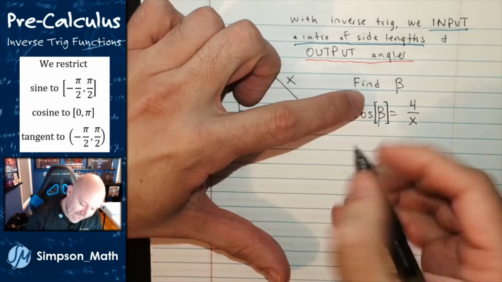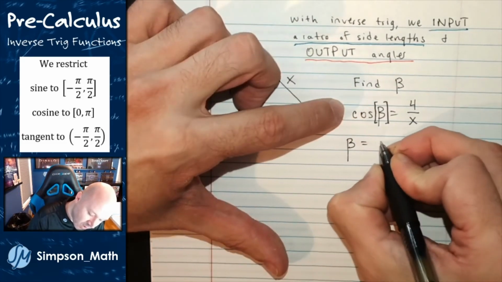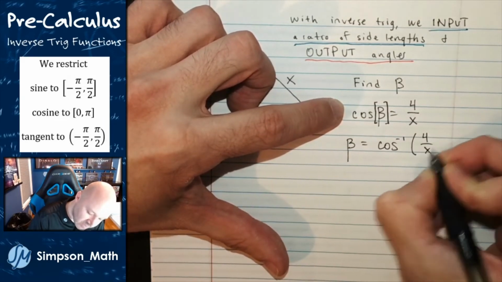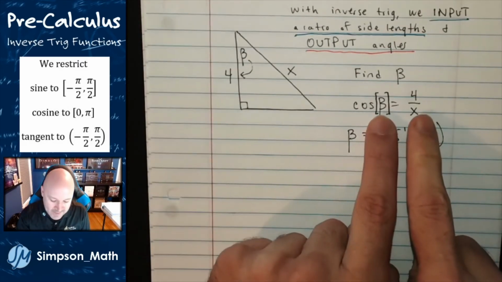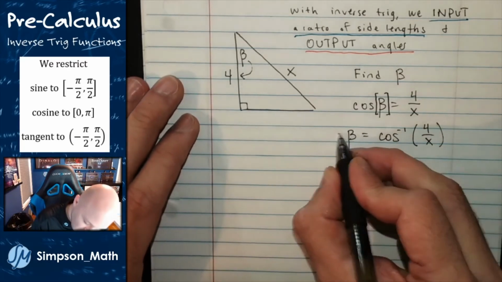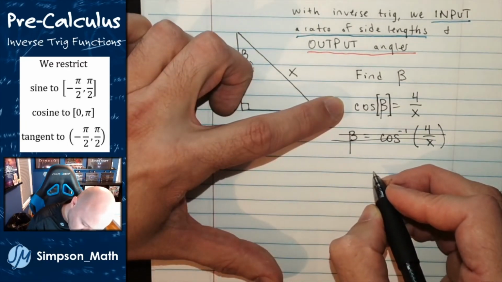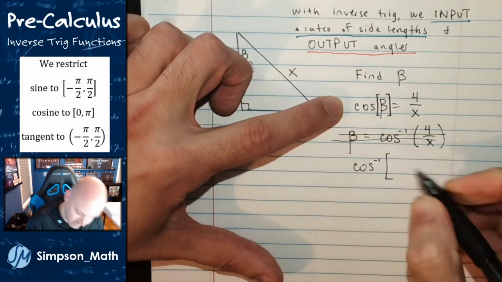So I can solve for beta. Beta will be equal to arccosine of this 4 over x. Notice the beta and the 4 over x have just changed positions. In fact, a better way to write this would be cosine inverse of.